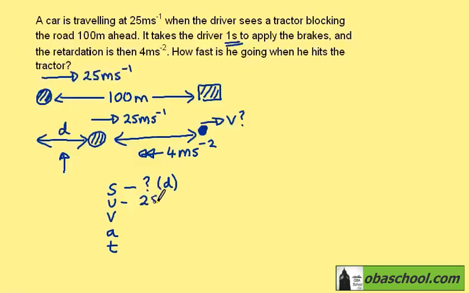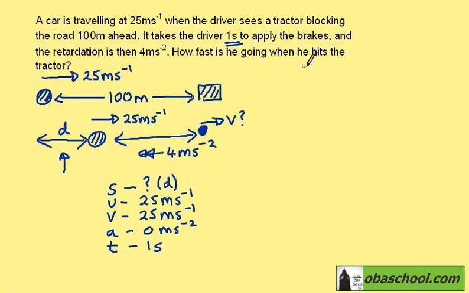The initial velocity is 25 meters per second. Since there's no acceleration, the final velocity is 25 meters per second as well. The acceleration is 0 meters per second squared, and we know that it takes 1 second for the driver to apply the brakes.